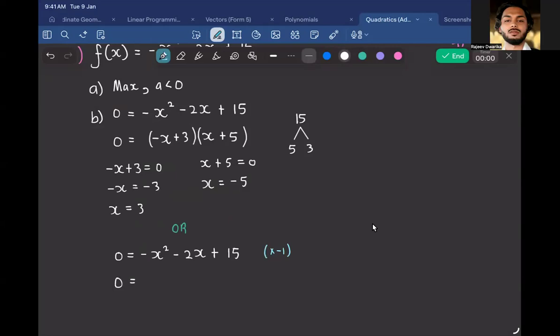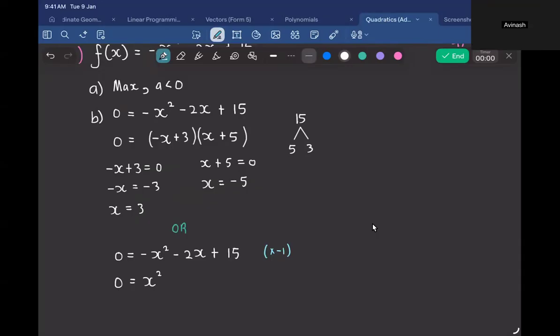What is minus x squared by minus 1? Minus x squared. No. Remember your signs. Oh, right. The positive x squared. Right? Positive x squared. What about negative 2x by negative 1?